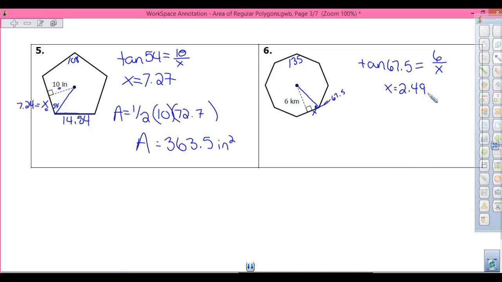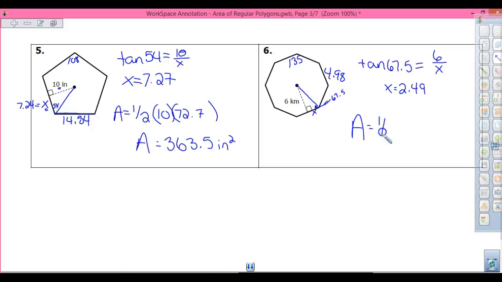So you guys got it? Okay. So the sides of the octagon are... okay, so we have to multiply that by 2.